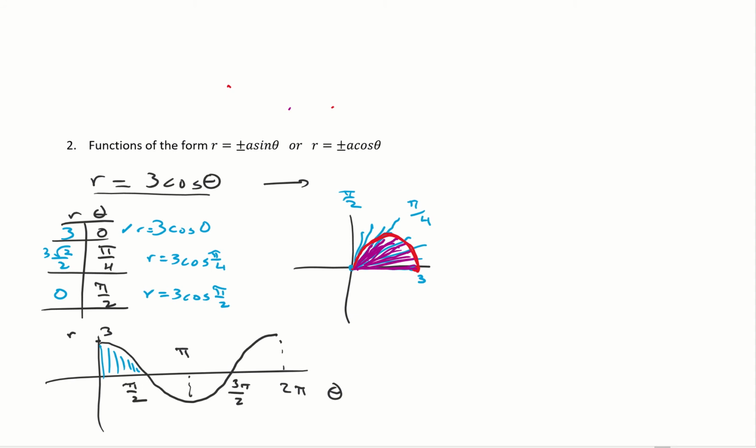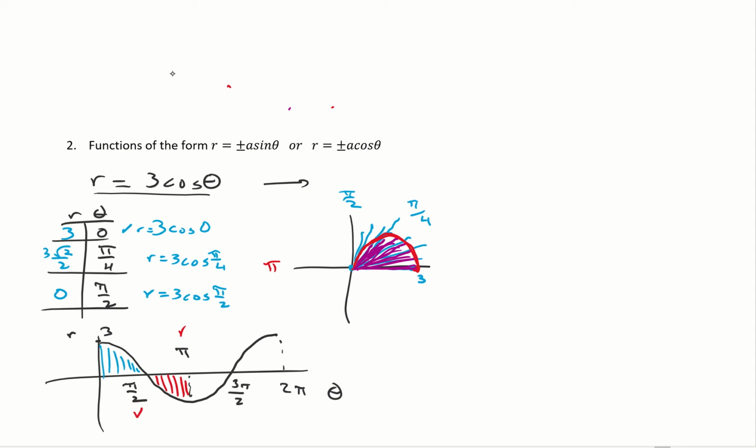Okay? Now, the interesting part is that when theta goes from pi over 2 to pi, we know that now cosine's going to get negative and more negative and decrease down to -1 by the time it reaches pi. Well, where is pi? Well, pi is here. What is theta doing?